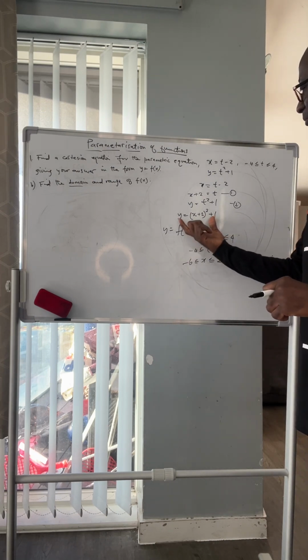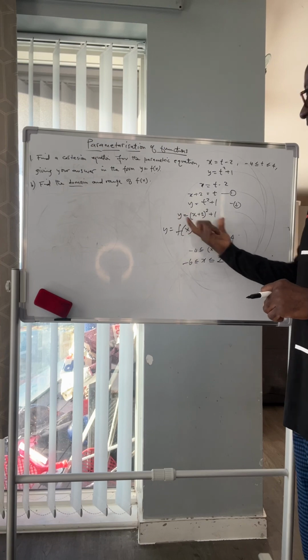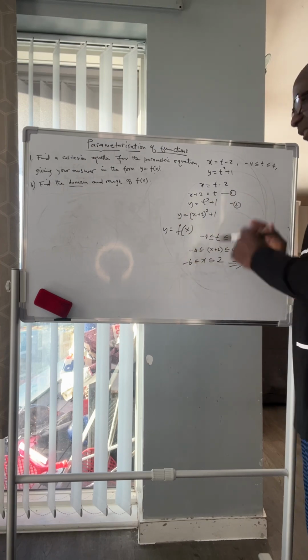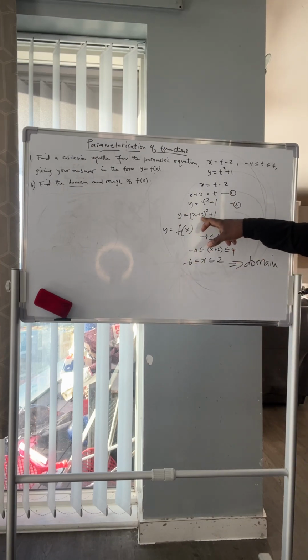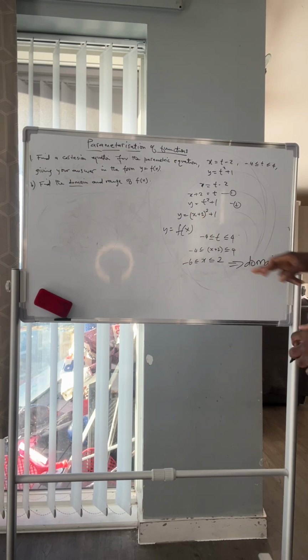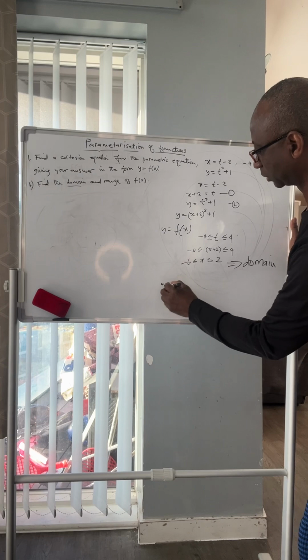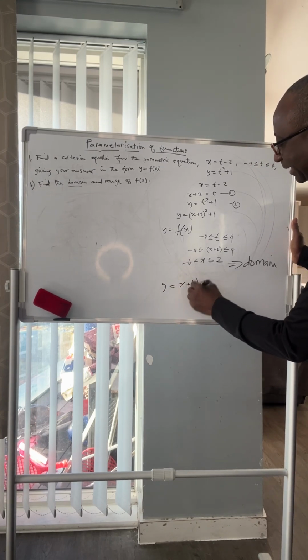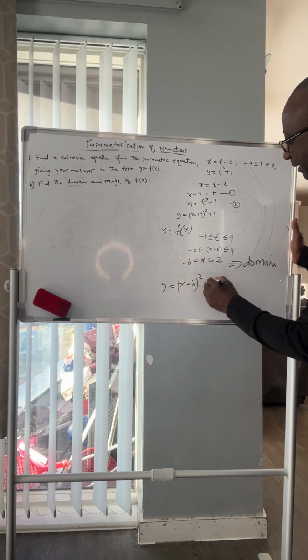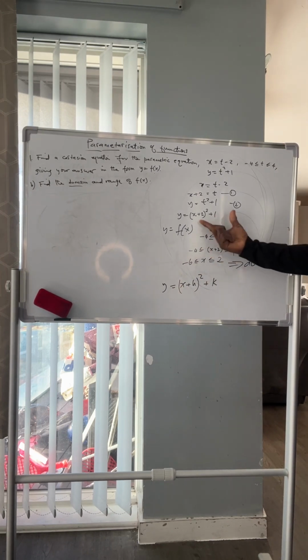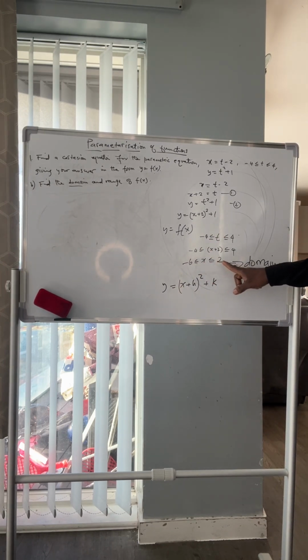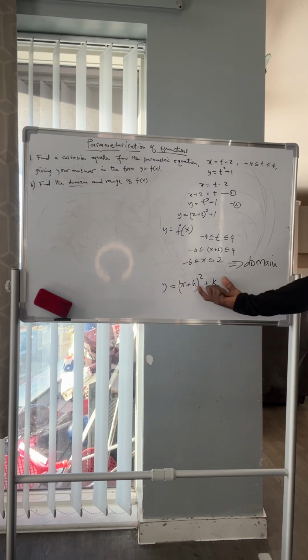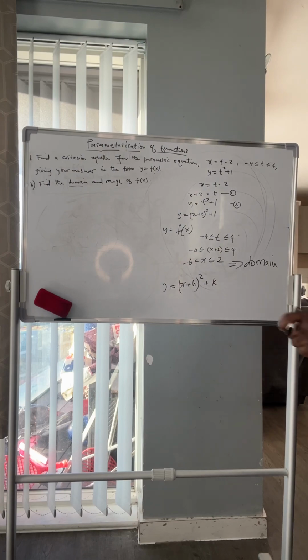This is like you have factorized the equation in the vertex form. y equals (x plus h) squared plus k. This is what is represented. Yeah? This is the vertex. These two values give you the vertex of the equation.